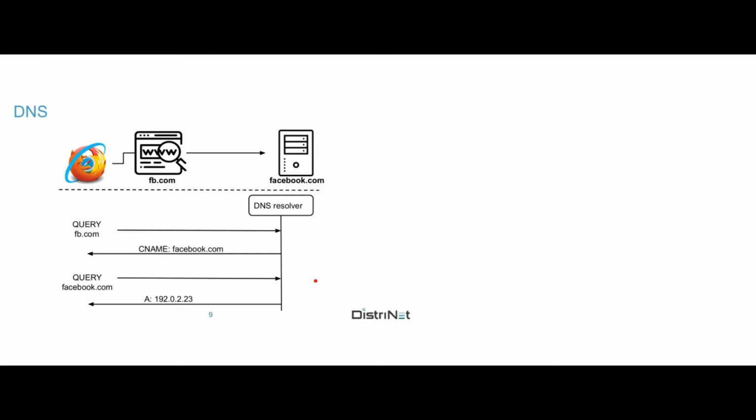So at DNS level, a query will be issued to fb.com, and the DNS resolver will return a CNAME record containing the alias for facebook.com. And then the browser knows, oh, okay, I have to do another query for facebook.com, and then I will obtain the correct IP address. So essentially, a CNAME record is a way to link multiple domains with each other.